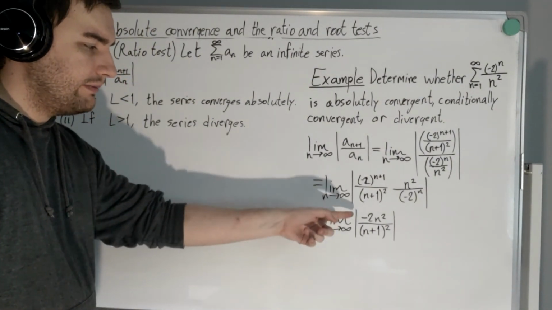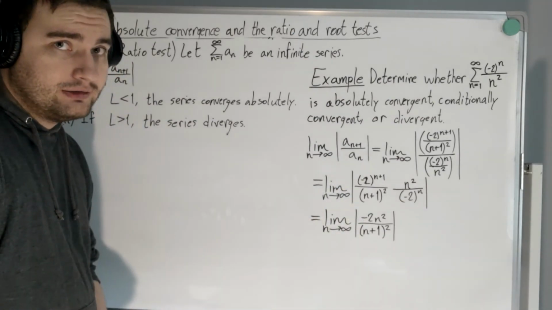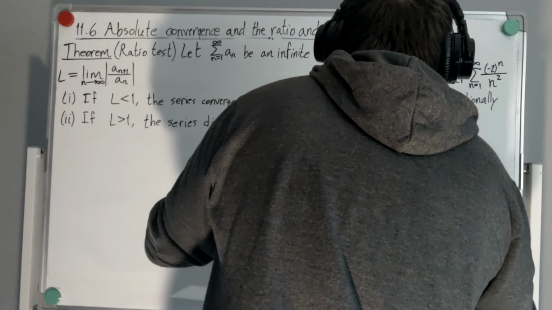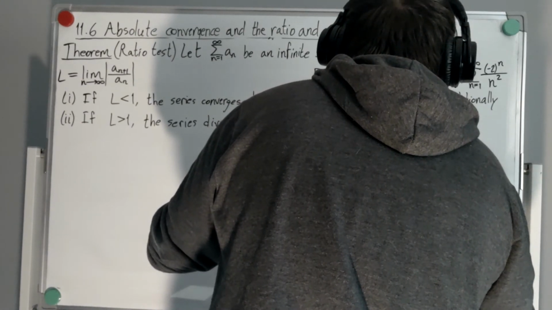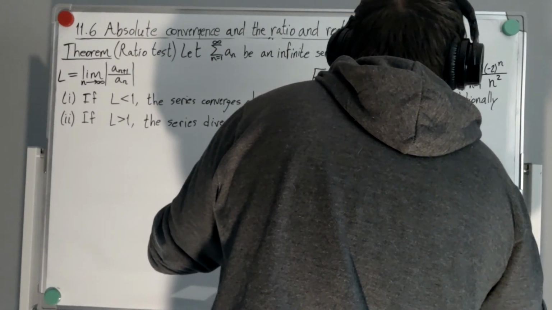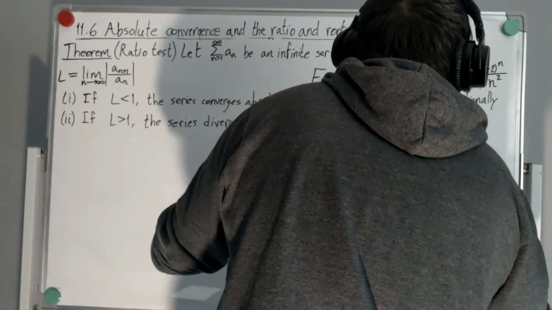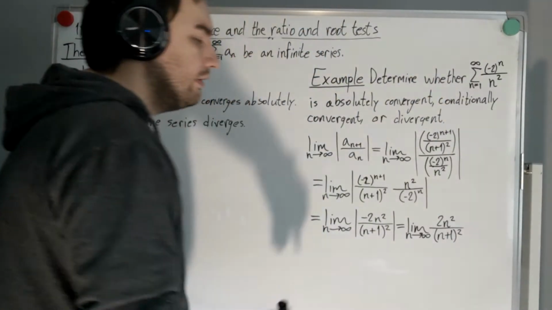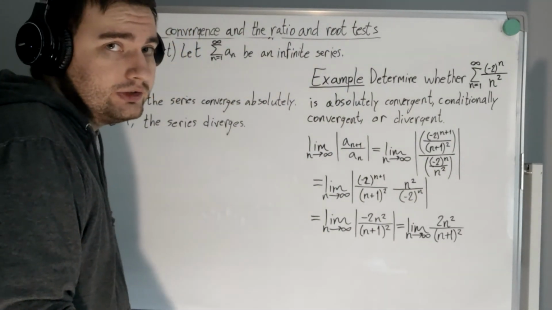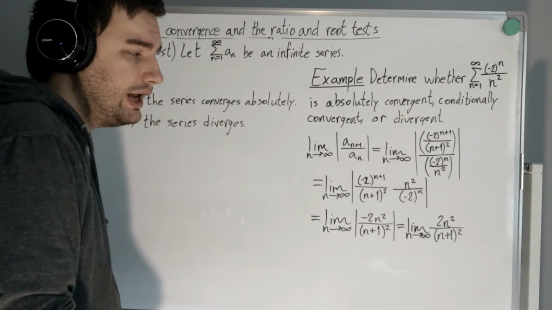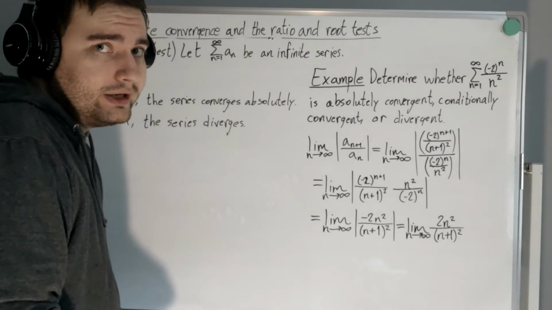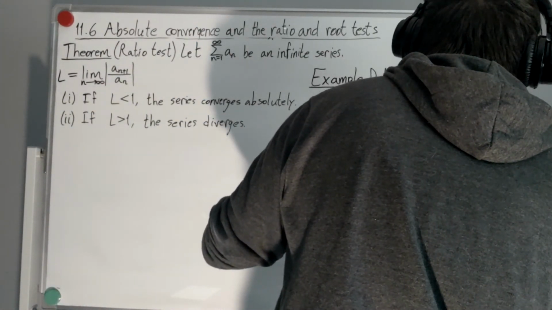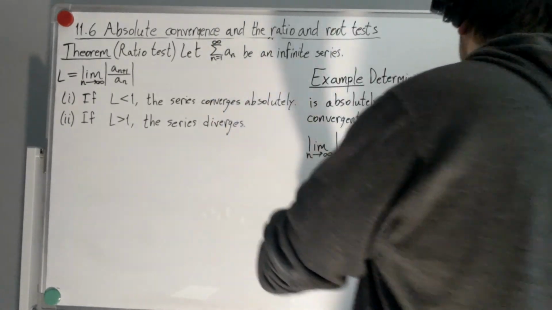Everything here is positive except for this negative sign. So when you take the absolute value, the negative sign just disappears. So this just becomes the limit as n approaches infinity of 2n squared divided by n plus 1 squared. And now there are a few different ways to take that limit. The easiest way would be to divide top and bottom by n squared. If you do that, then you'll see that this is going to approach 2, which is greater than 1, right?